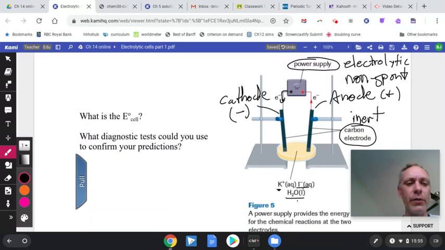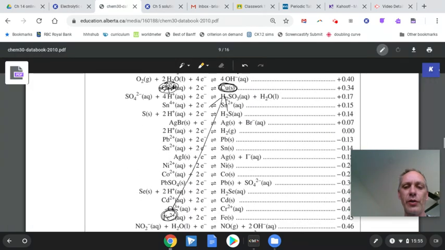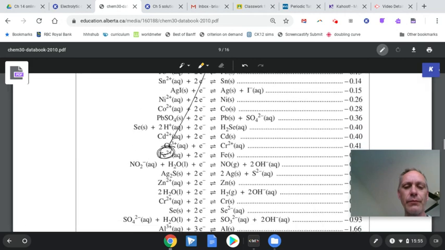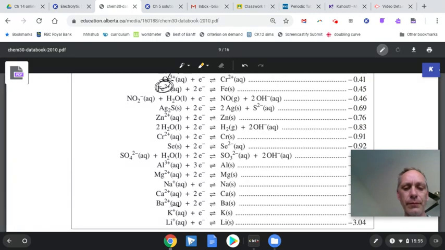Okay, so the cathode is our strongest oxidizing agent. What is it? We have 3 things to choose from: K plus, I minus, or water. So let's go searching. The strongest oxidizing agent, there's K plus and there's water. Who's stronger?